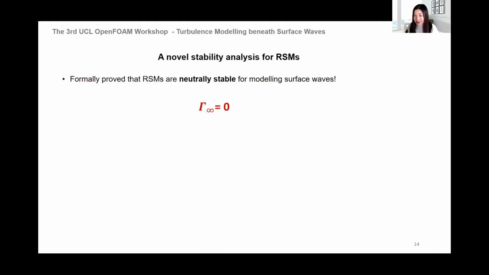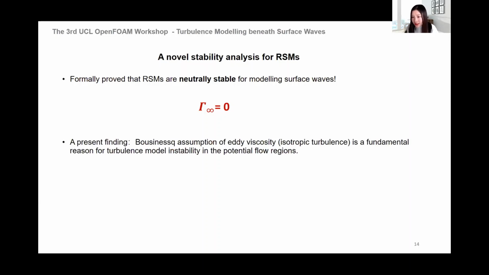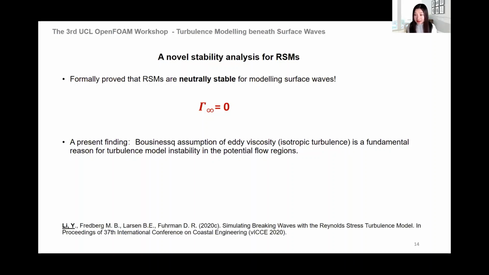And the problem existing in two-equation models, the overprediction problem, is not here for this RSM. And we found that actually the Boussinesq assumption of eddy viscosity is a fundamental reason for turbulence model instability in the potential flow region. And we have recently presented this finding at the International Conference on Coastal Engineering.